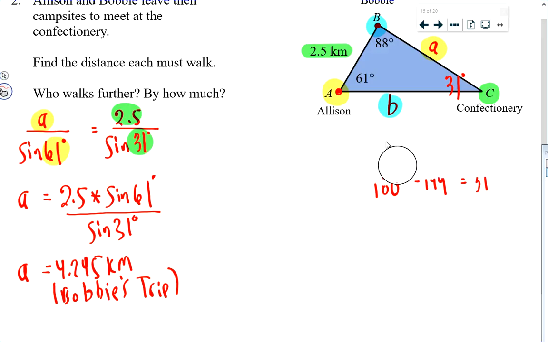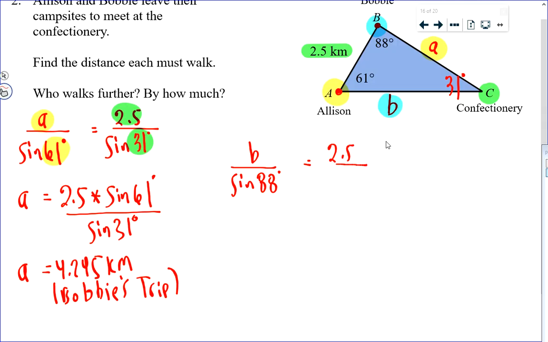I don't need this anymore. I'm just going to erase it to give me a bit of room. I can put B over sine 88. This time equals 2.5 over sine 31.